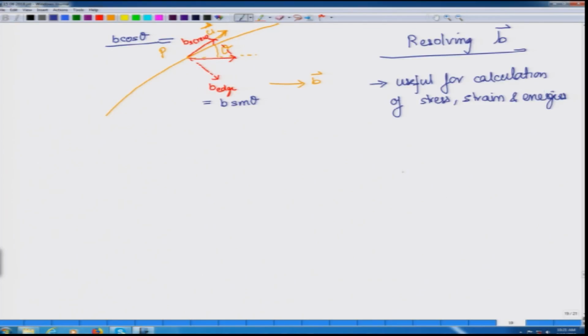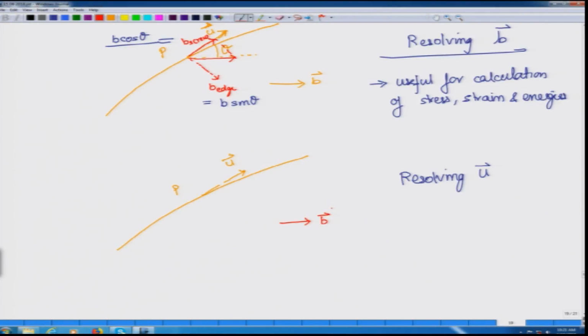The other method that we mentioned is not used so much mathematically, but is more for conceptual understanding: resolving the line vector u. We will take the same dislocation line like this. We are talking about the same point P, and this is our line vector u, and we already know that the Burgers vector is like this.